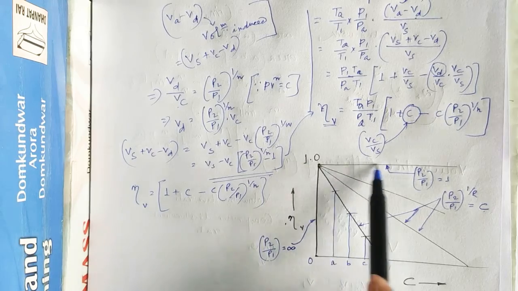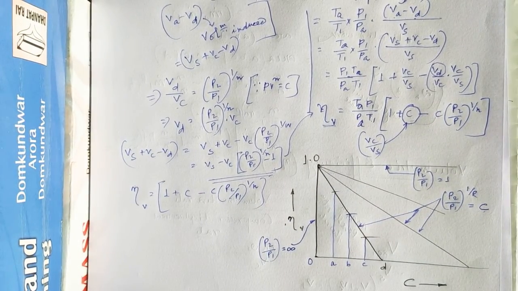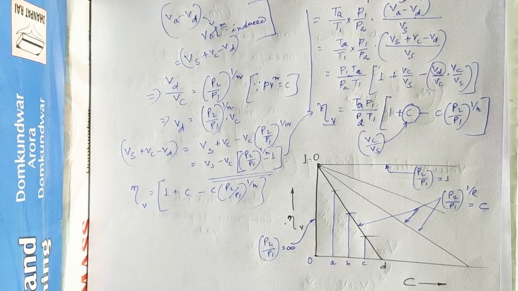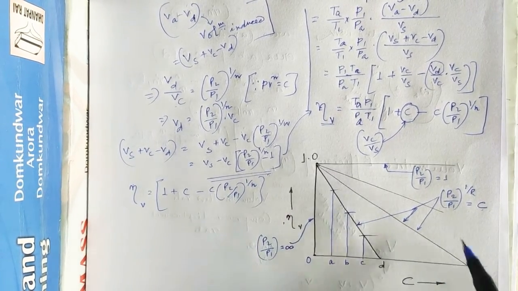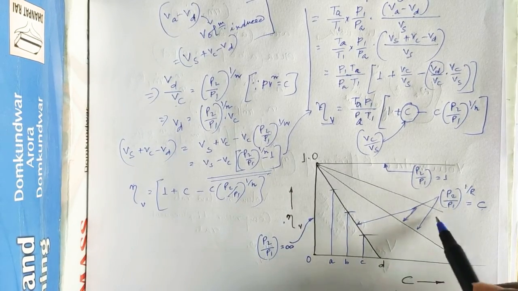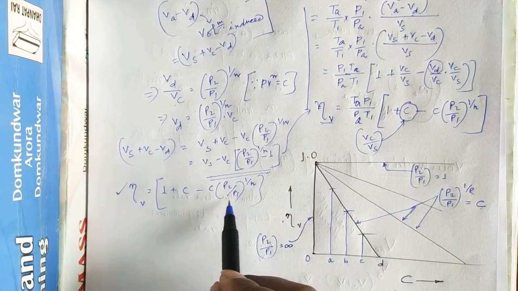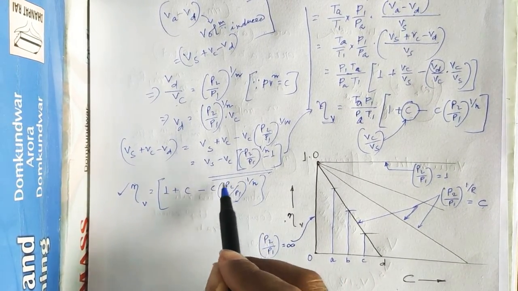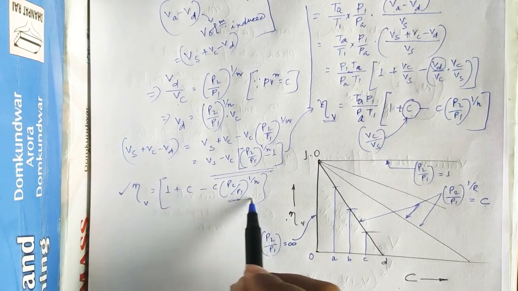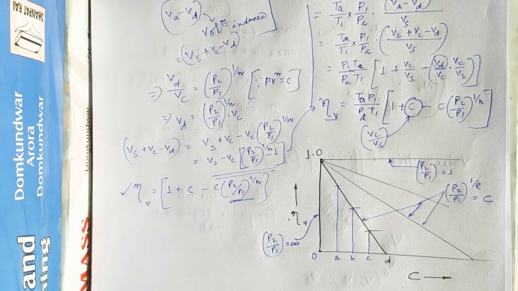Here the P2 by P1 value is 1, here it is infinity. All these inclined lines denote P2 by P1 ratios, because in the volumetric efficiency expression, one ratio is there, that is (P2 by P1) to the power 1 by n. So if we change the value of this factor, there will be a change in the volumetric efficiency.